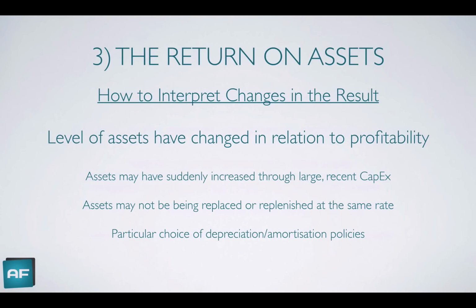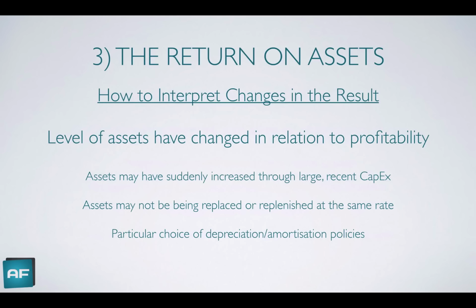I think also the other side of the equation is that the level of assets has changed in relation to profitability. One example is that assets may have suddenly increased if there was a recent large capital expenditure. So assets may have suddenly doubled, and the resulting profitability hasn't changed.